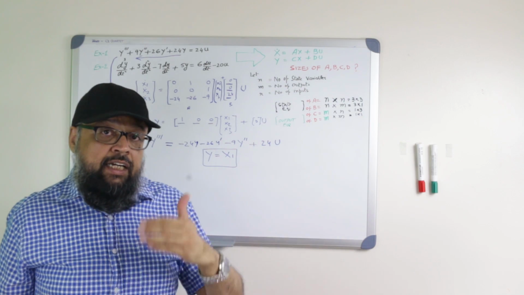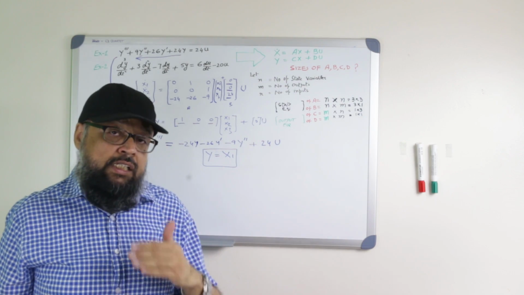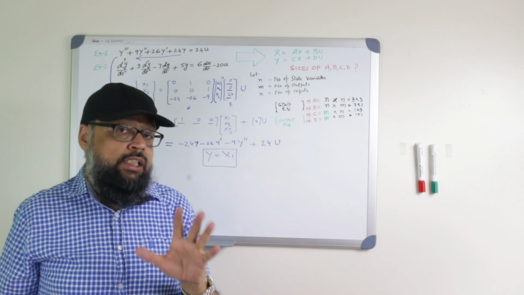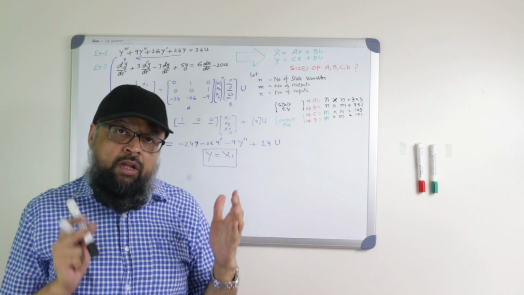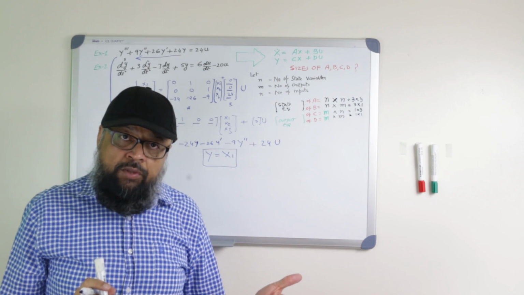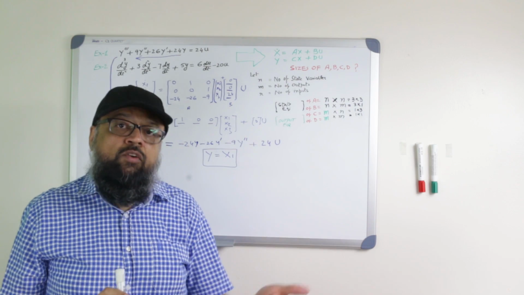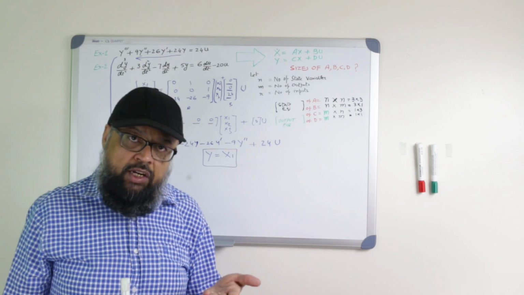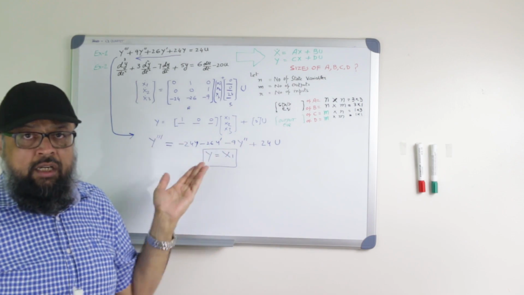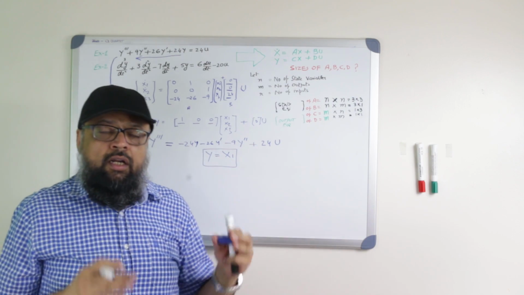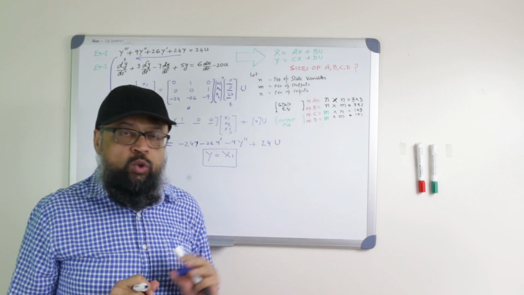So we can take the derivative of a state variable as a second state variable, and this is what we are going to do here. That will make our process very easy, and you will see how.